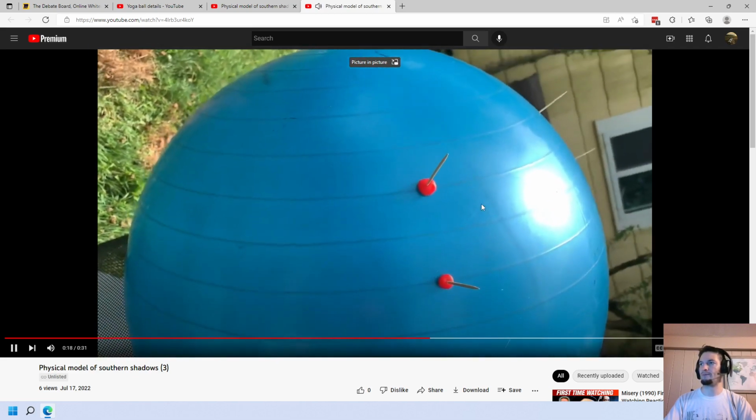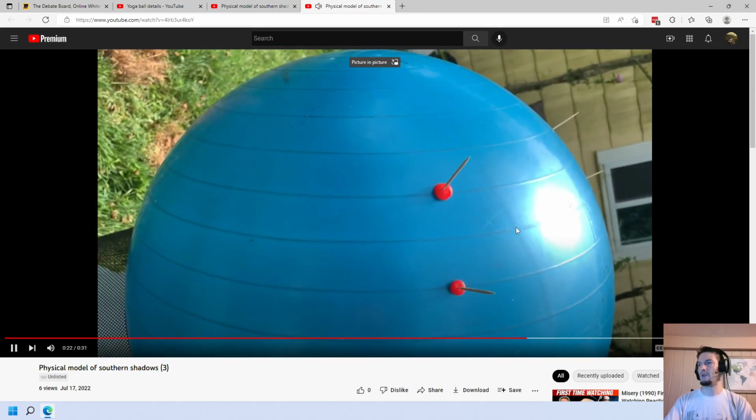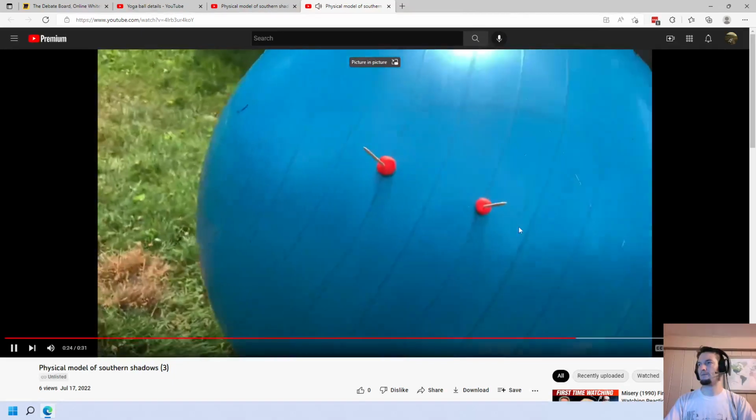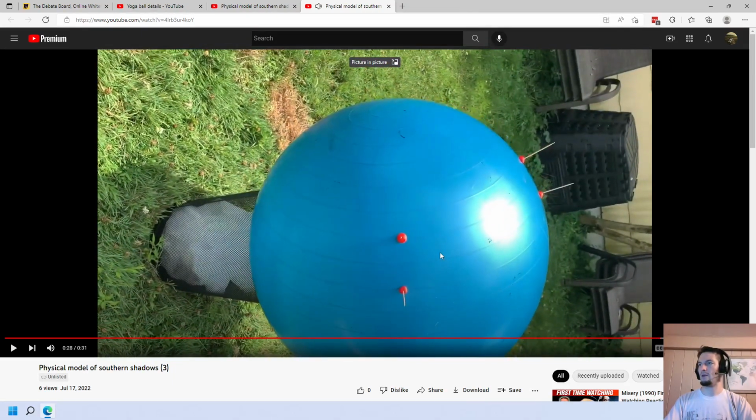And once more, I rotate the camera. And then I try to get directly above this one. So again, we have a kind of north-south line here, and we can see that the shadows are indeed south of due west.